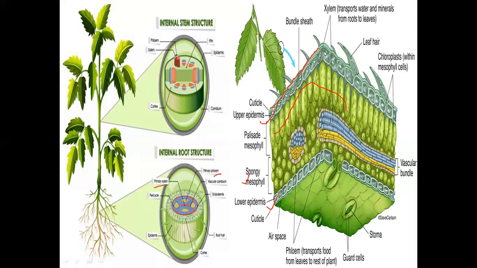So you can see here vascular bundle. Vascular bundle is also called xylem and phloem. So this yellow one is phloem, and this blue one is xylem, which transports the food material.